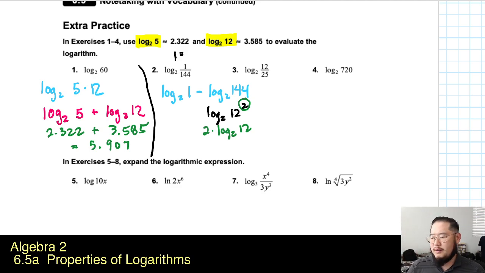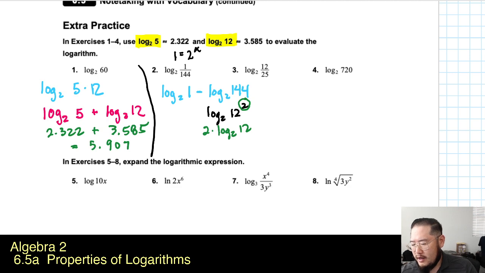Well, think about this. What could I plug in for x that will get me to equal 1? And that's going to be 0. 2 to the 0 power is equal to 1. So this log base 2 of 1, that's going to simplify down to 0.